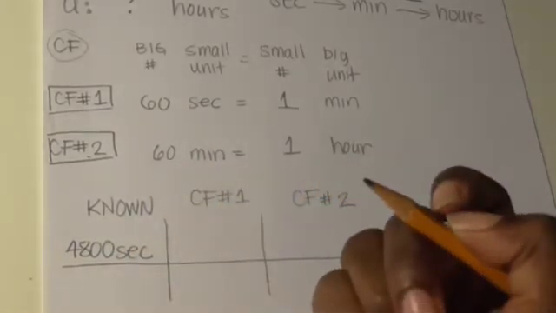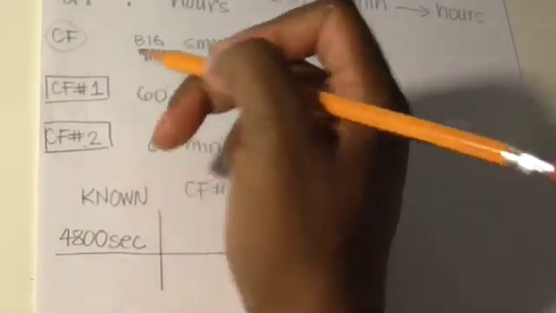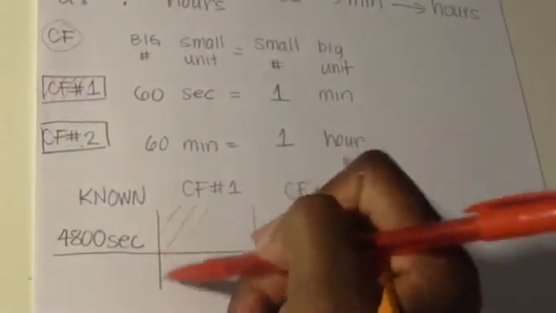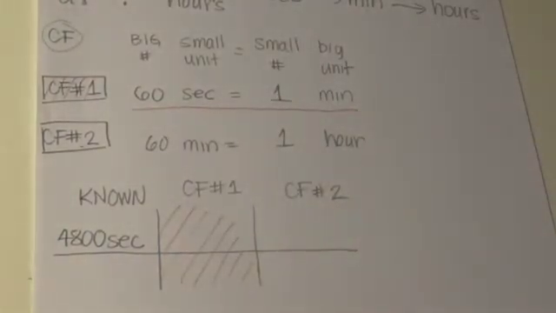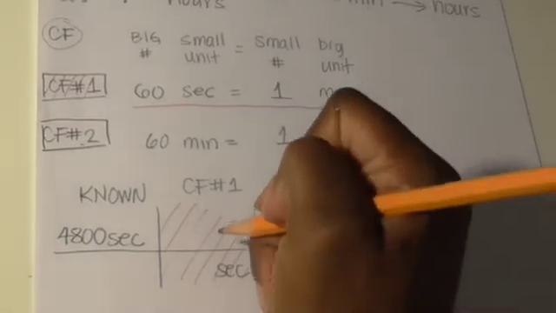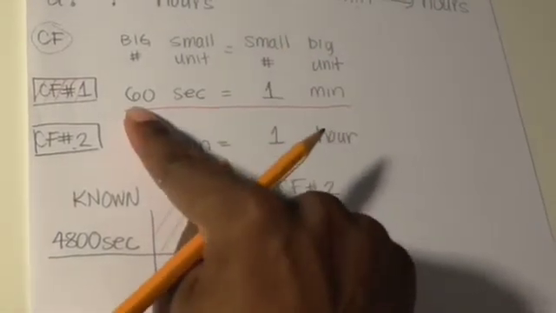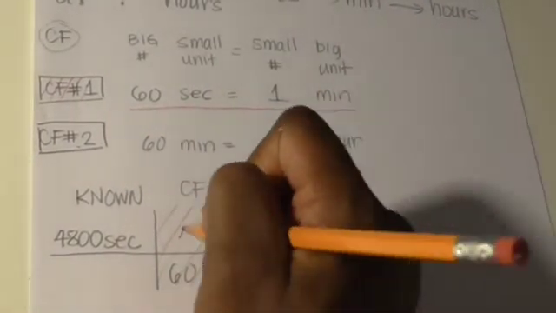We are going to put seconds at the bottom of the next step, and we're only focusing on this conversion factor. This red one here is what we're dealing with, okay? So this whole section is going to be our red conversion factor. So seconds is on the top here. Seconds will go at the bottom. Minutes will go at the top. I go back to my conversion factor. I see the 60 is next to seconds, so we keep it there. 1 is next to minutes.